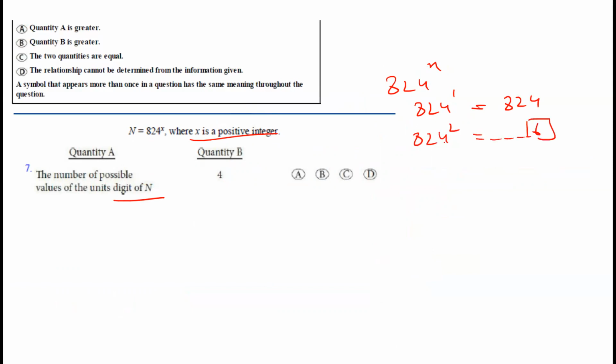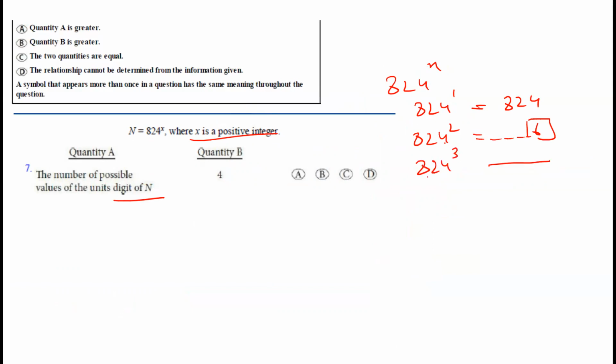Now, n equals 824 raised to power x, where x is a positive integer. Now, the number of possible values of the unit digit of n. So, if we have 824 raised to power 1, this would be 824. 824 raised to power 2, I know that the unit digit would be 6 because 4 fours are 16. 824 raised to power 3 is 824 squared multiplied by 824.